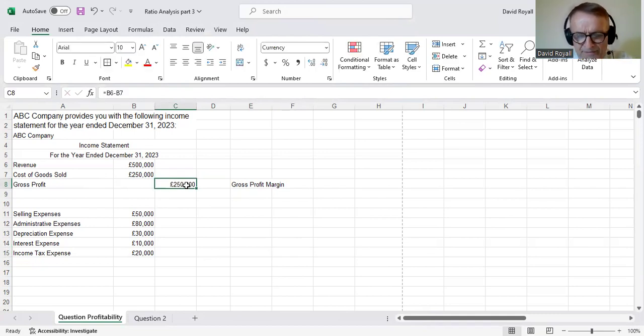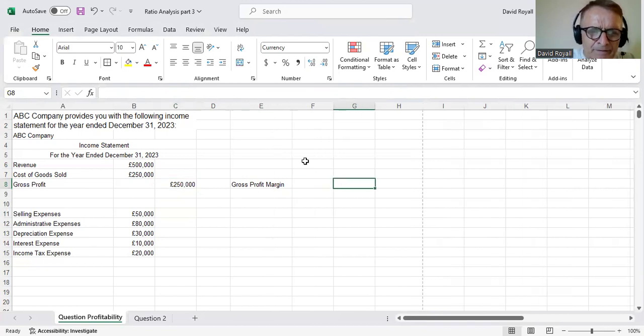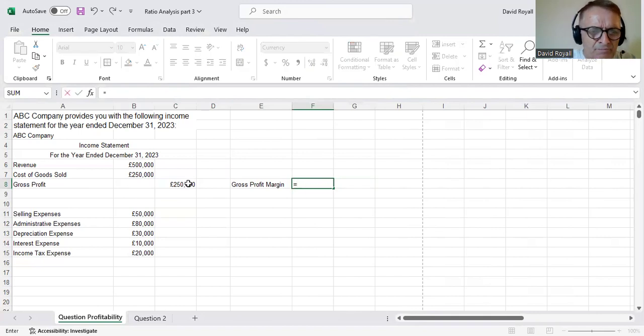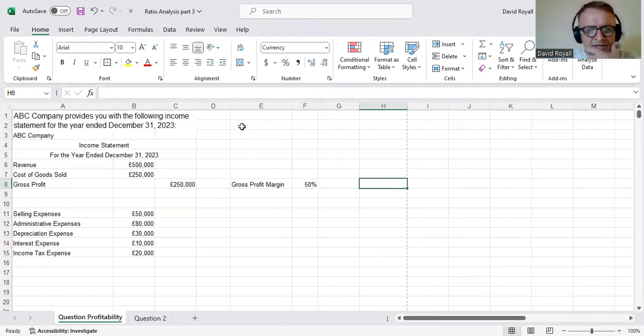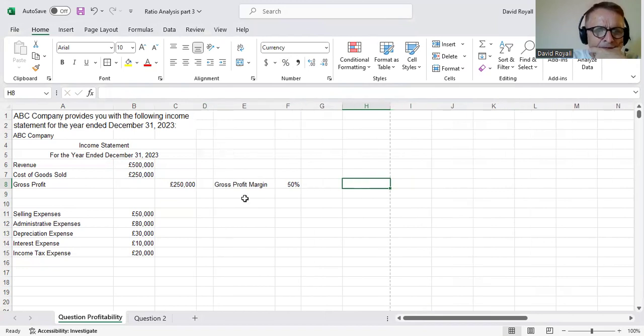So our gross profit margin, which I'll place in here, is equal to the gross profit divided by the revenue. And we express that as a percentage. Job done. So for every $1 of sale, we have made a gross profit of 50 cents.